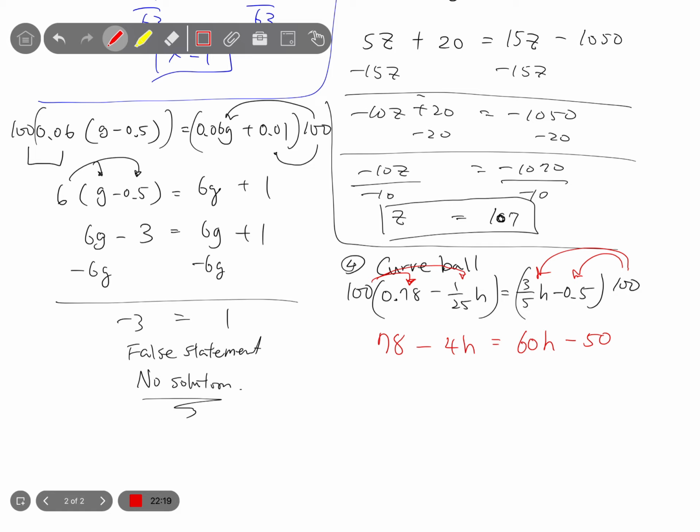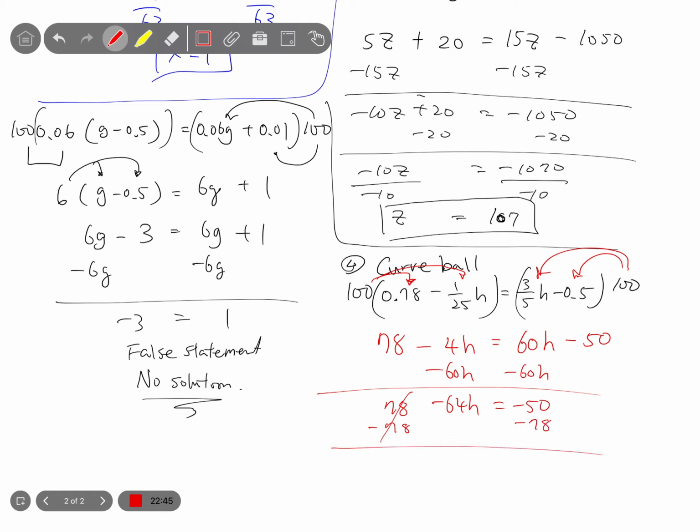Okay, so let's go ahead and finish this problem. I'm going to move all the h to the left-hand side as a habit. So minus 60h on both sides. And that will give me 70h, because we haven't moved it yet, minus 64h equals negative 50. And now I've got an h on the left-hand side, so the 78 has got to be moved. So I'm going to minus 78 on both sides.